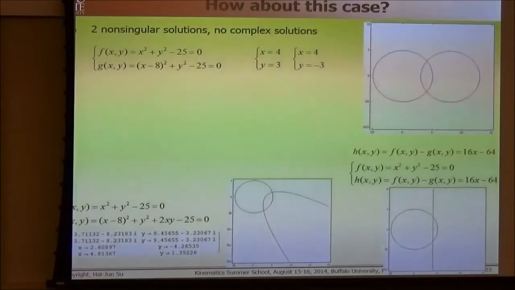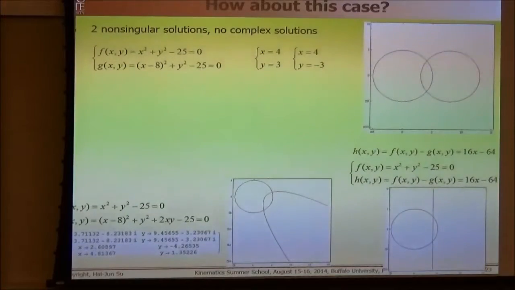You can do a little manipulation to these 2 equations. You subtract one from the other and you get a linear equation. Then the intersection of this line with the circle only has 2 points. So the degree, 1 times 2, is 2.